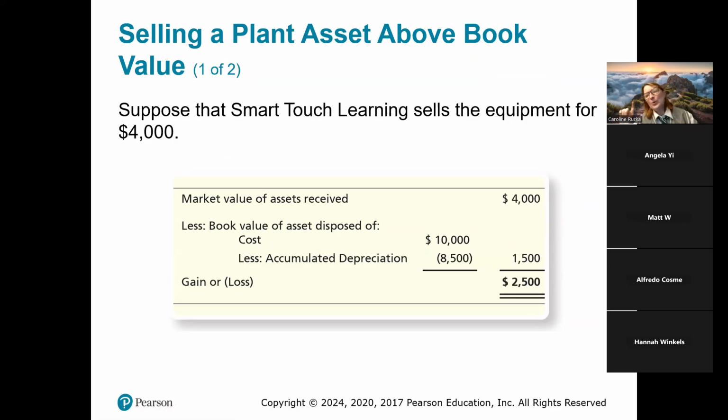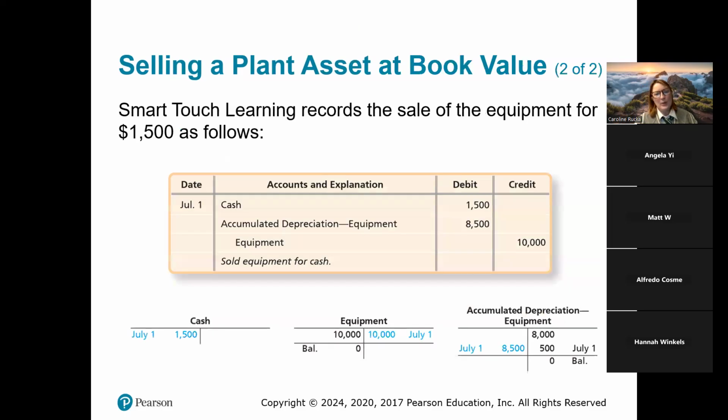Okay, so when we go up here, we've already got accumulated depreciation and equipment on our books. So now we just need to plug the amount, the difference between what we got in cash and what amount we have on our books.